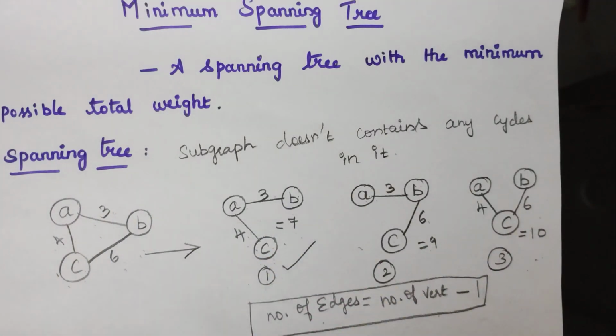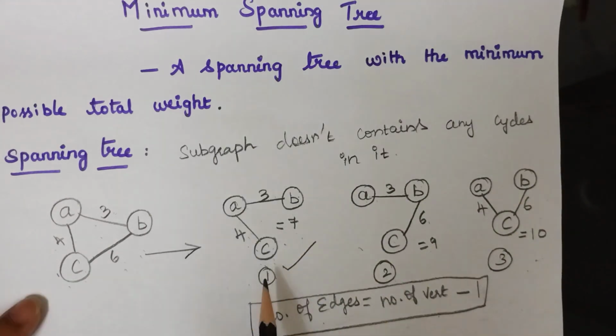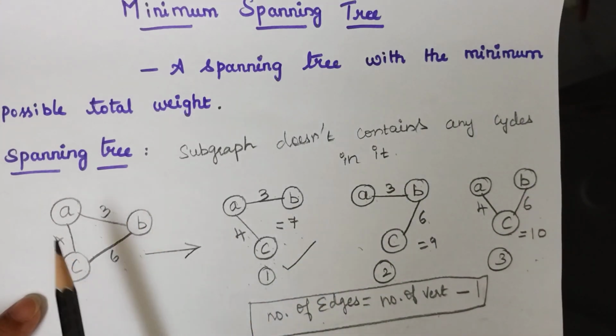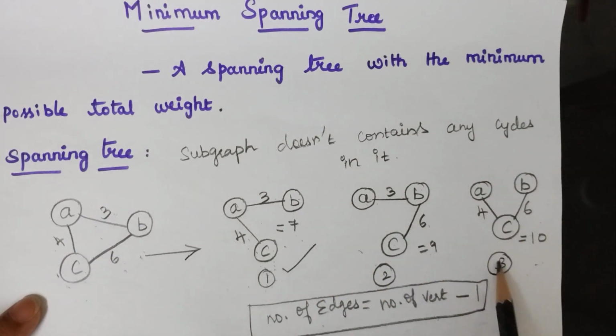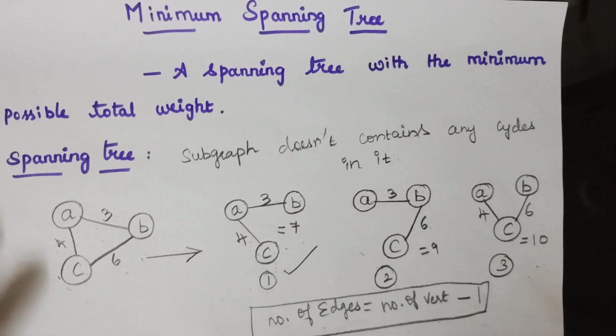That is what you are going to find in this problem: the minimum spanning tree for a given graph. When you want to find a minimum spanning tree for this graph containing 3 vertices, you need to find the 3 spanning trees, and from these, find which is the minimum.